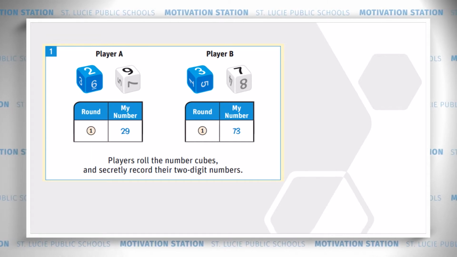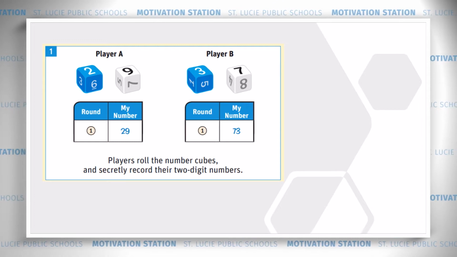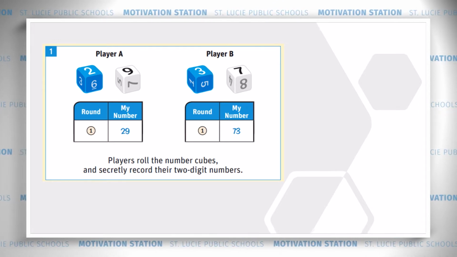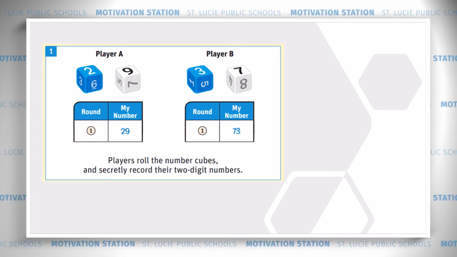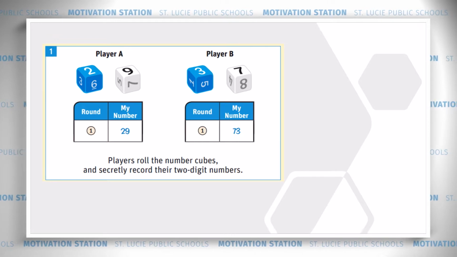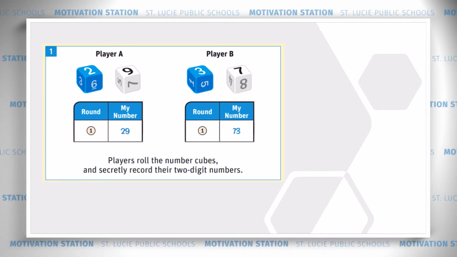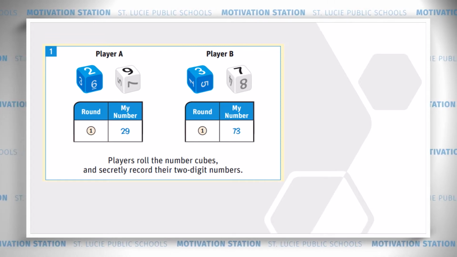Players roll the number cubes and secretly record their 2-digit numbers. So player A rolled a 2 and a 9, and player B rolled a 3 and a 7. Player A chose to keep it as a 29, whereas player B chose to reverse it as a 73. You get to choose what you want your roll to be.